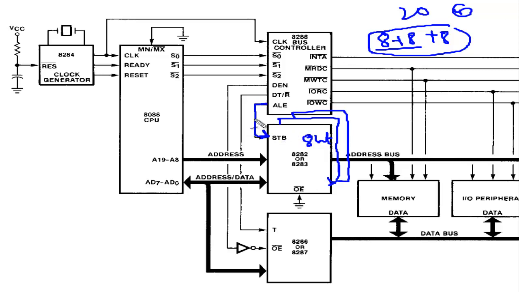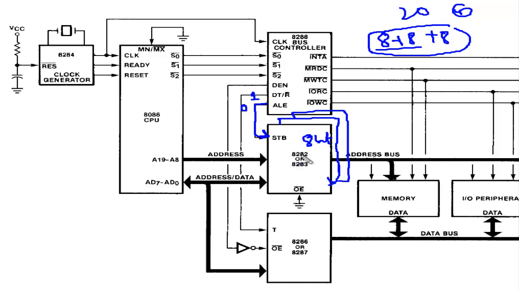How it actually works is when the ALE is 1, the latch becomes transparent. It doesn't hold anything, because at that time it takes all the bits for the address. But when ALE becomes 0, it gets activated, and it stores that address in it.